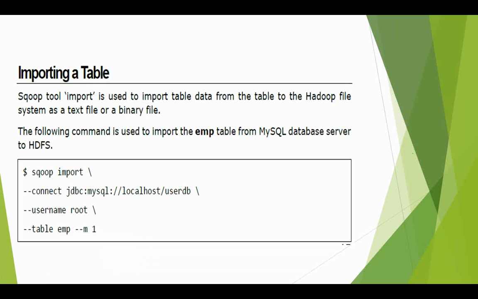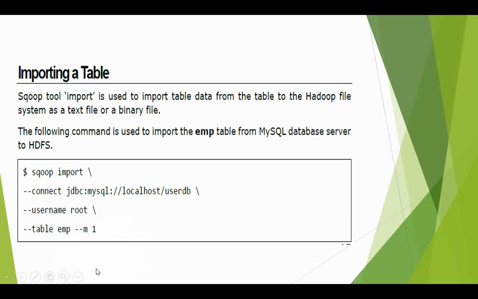The mapping function will continue to 100%, but the reduce function will be only 0%. Why? Because we are not specifying any reduce function. We don't want any reduce function in this Sqoop. And this is the number which specifies the number of mappers. We have seen the mapping sample.